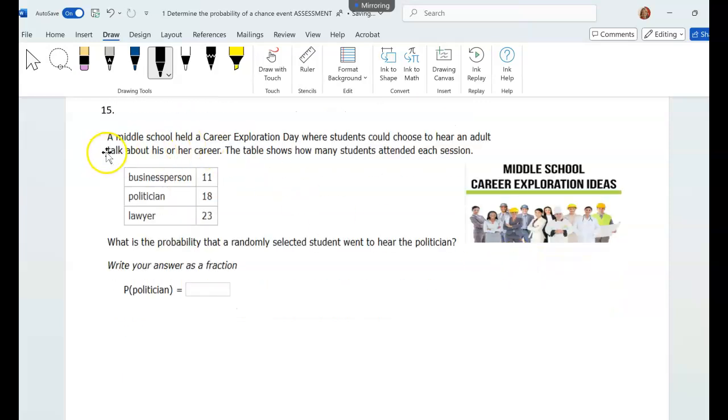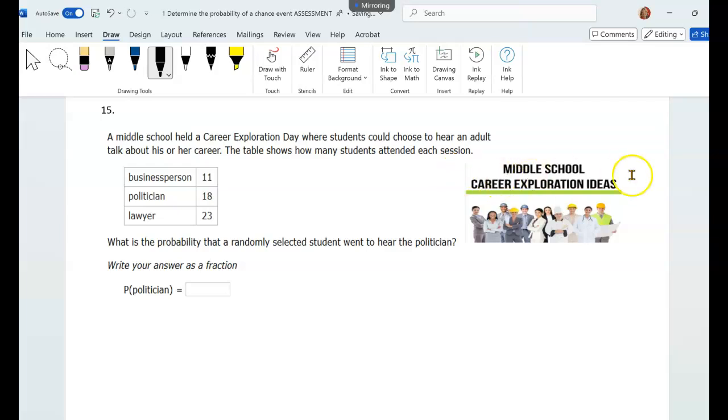Number 15, a middle school held a career exploration day where students could choose to hear an adult talk about his or her career. The table shows how many students attended each session.